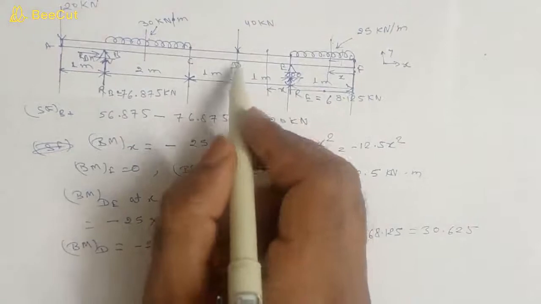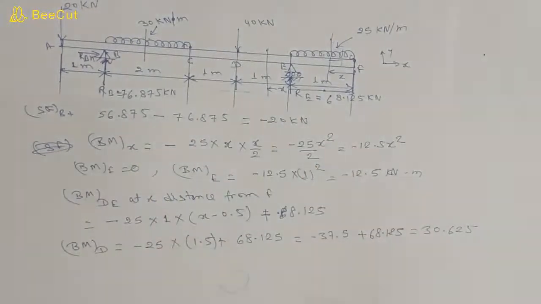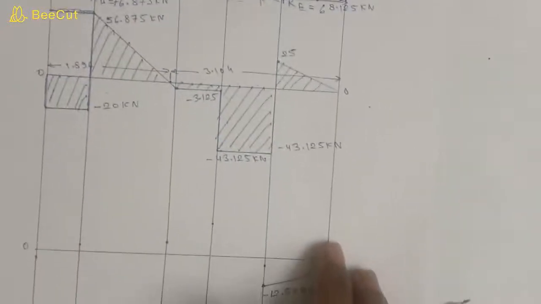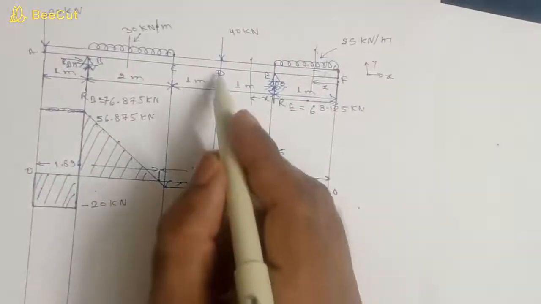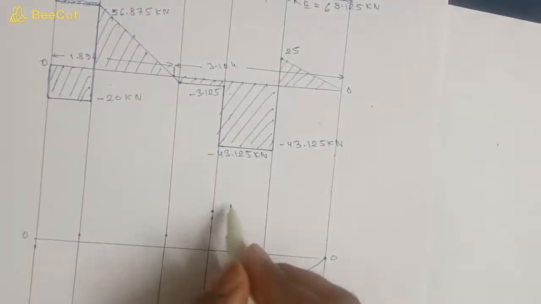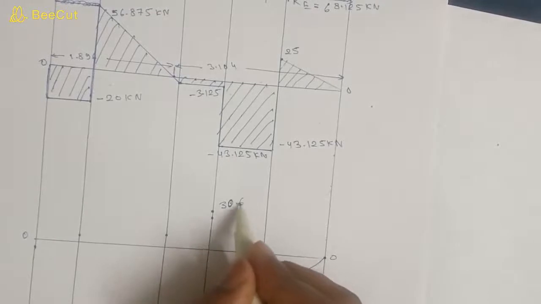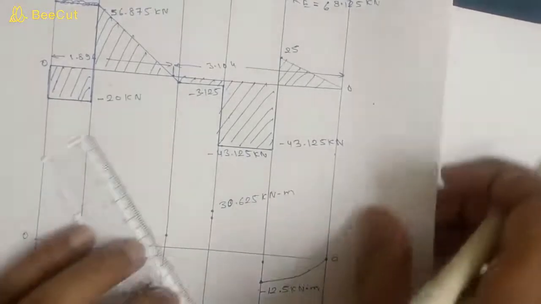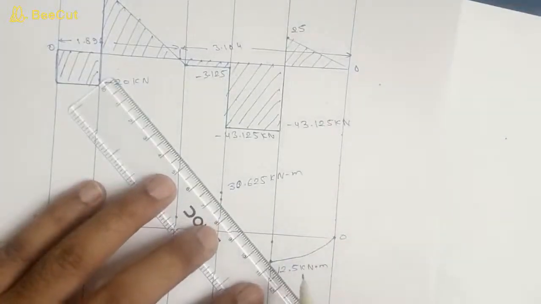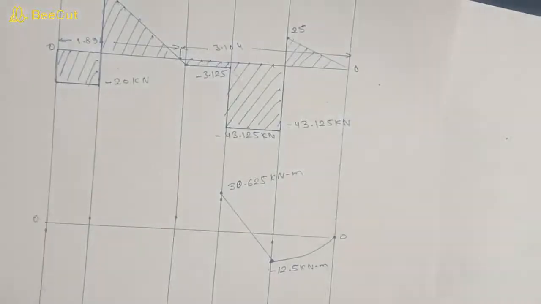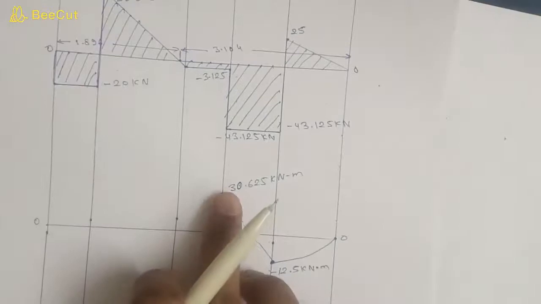So at point D the bending moment is 30.625. We'll draw it here. This is point D, and here it is 30.625 kilonewton meter. From point E to D it will vary linearly because bending moment is proportional to x. So we have drawn the bending moment up to here.